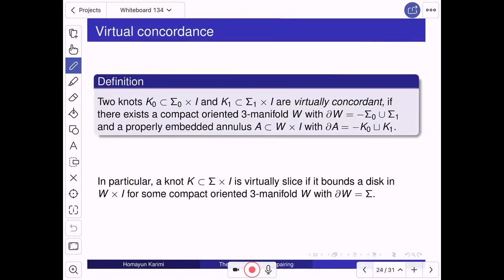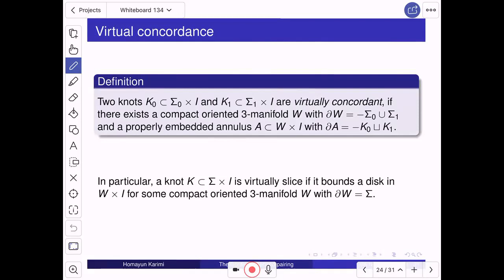So that was the first application, and I'm going to quickly outline the two other applications. The second application is for the so-called virtual concordance. Here is a definition.